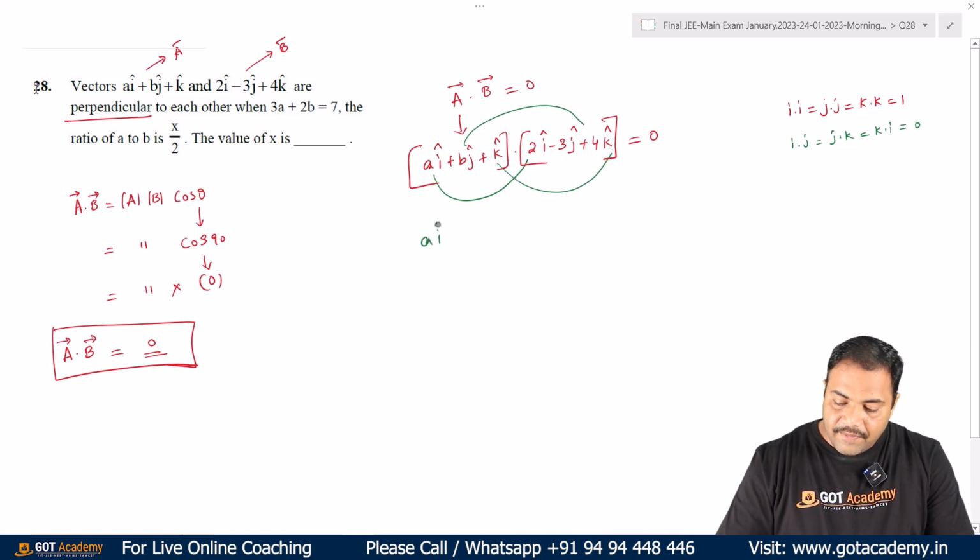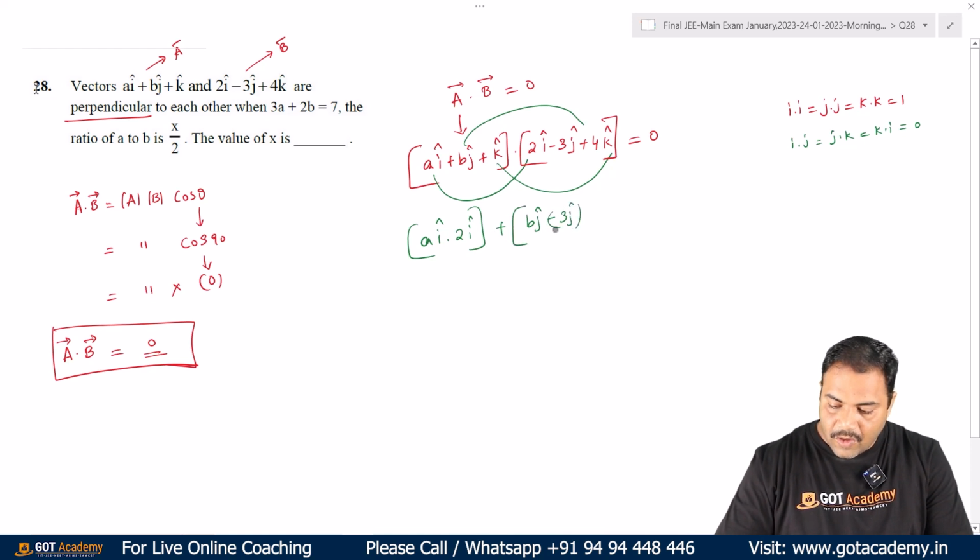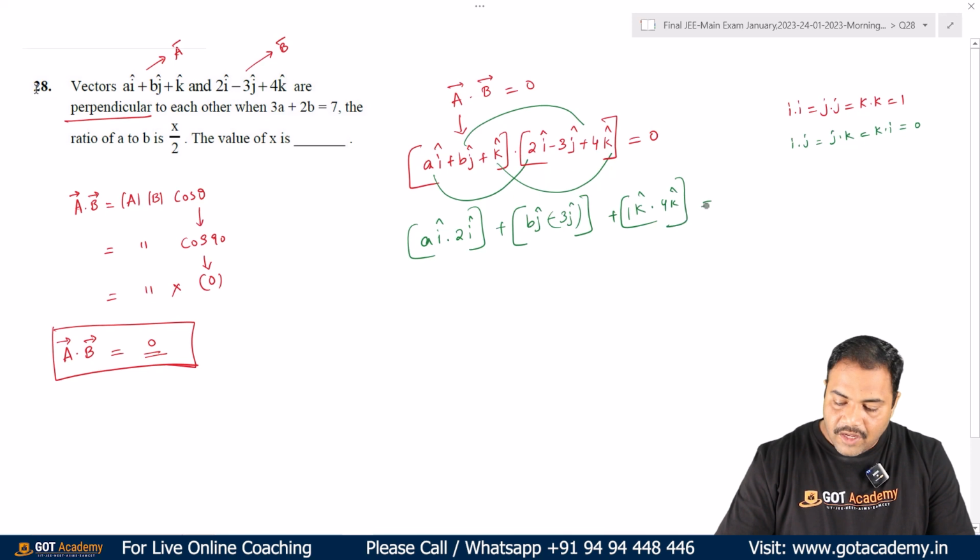So (ai + bj + k) dot (2i - 3j + 4k), like this you could write, equal to 0.